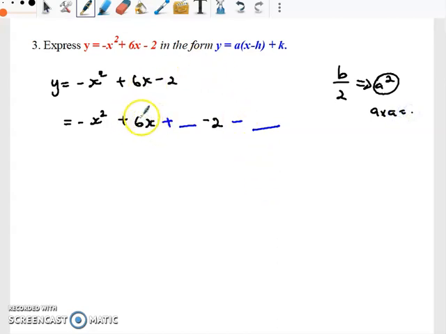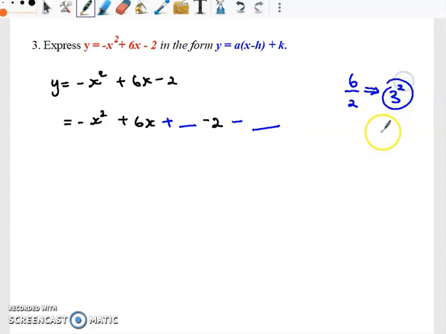In this case, b would be 6. So we take 6, divide it by 2. This will give us 3. And then you square your 3, and 3 squared is basically 3 times 3, which is 9. So your mystery number is 9. So you add 9, then you subtract 9.